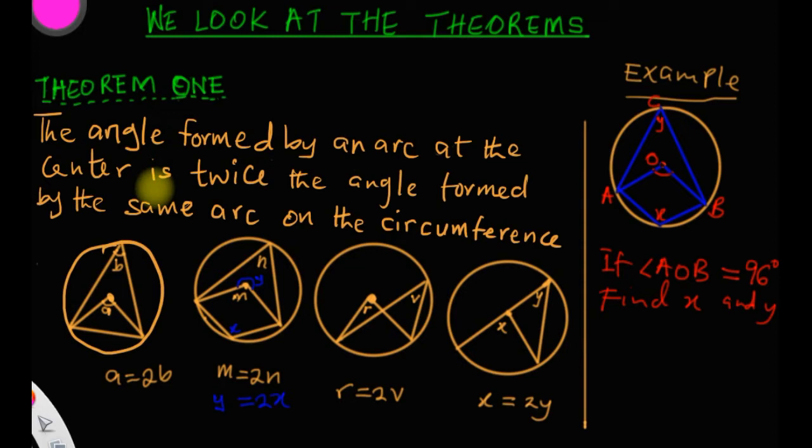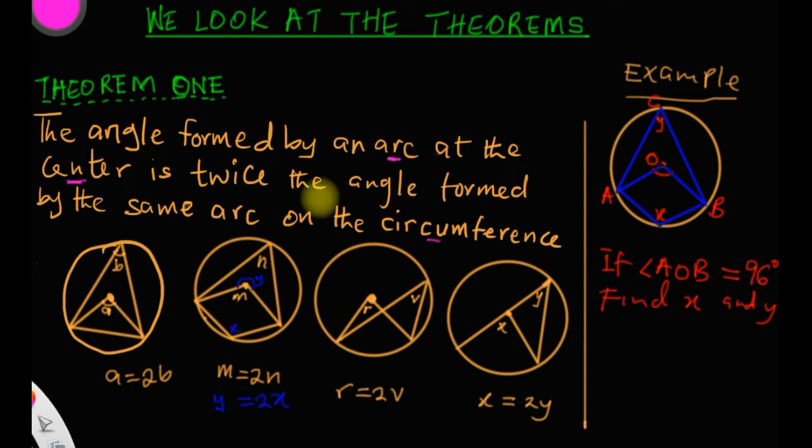That is why we were talking about the parts of a circle. Obviously, we have now started using the names of the parts. So we are saying that the angle formed by an arc, this is a part of a circle, at the center, another part of a circle, is twice the angle formed by the same arc on the circumference.